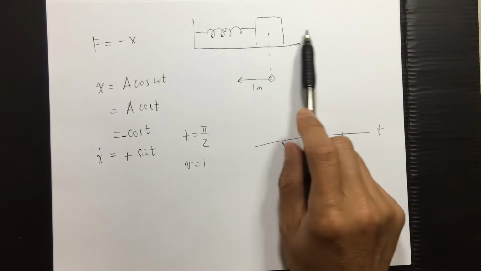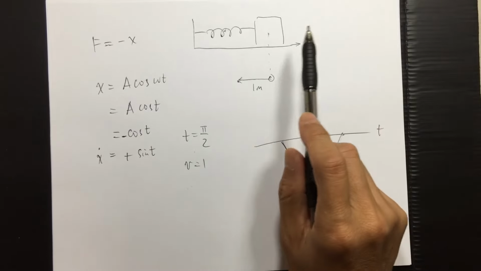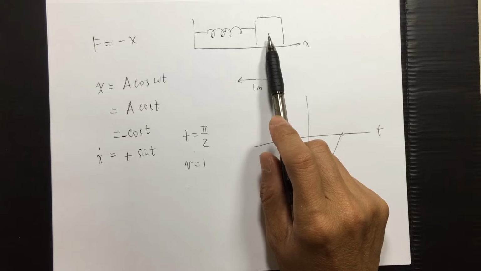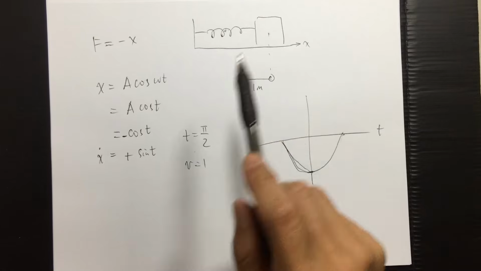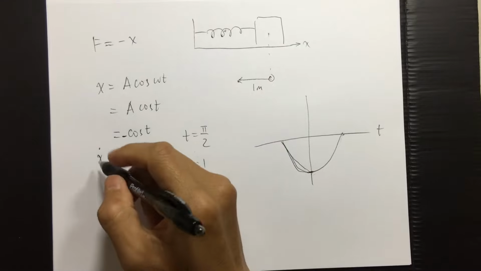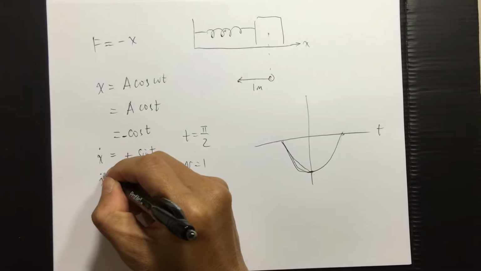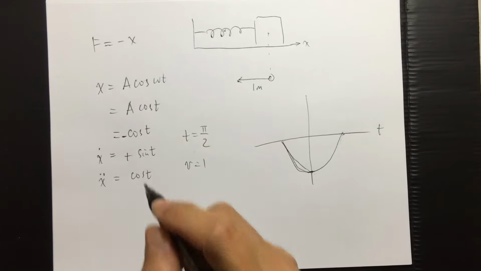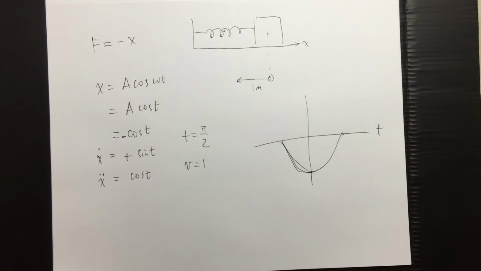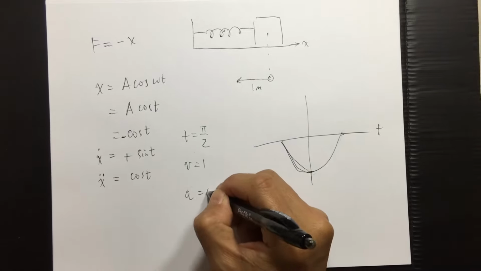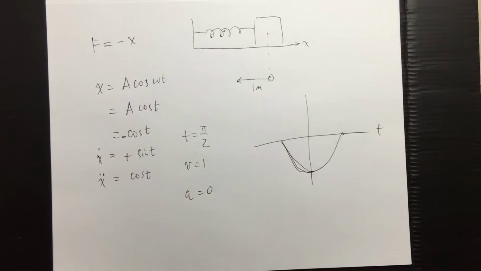It is moving through it, but at this moment the force is 0. So the acceleration is 0. Now let's calculate this. Just take a derivative of that sine t again. Cosine pi over 2 is 0. Acceleration at this point is 0.